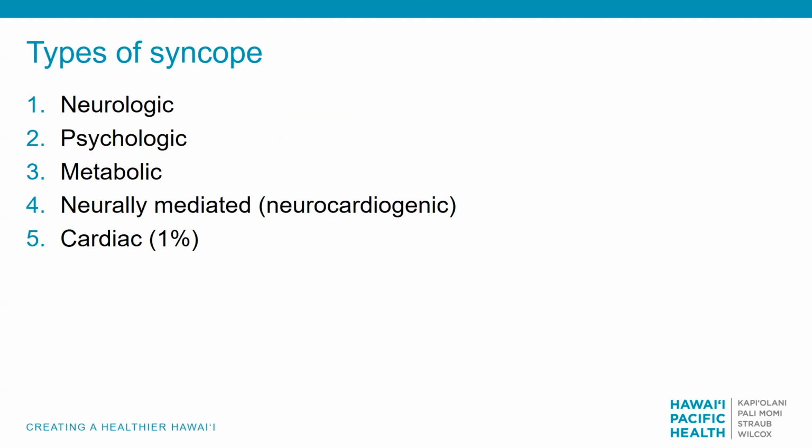The most common is actually neurally mediated, which is appropriately now called neurocardiogenic syncope. Even though neuro and cardio are in there, neither is wrong. It's just mediated by the brain and the heart and the interaction between the two of them. Cardiac is 1% or less.